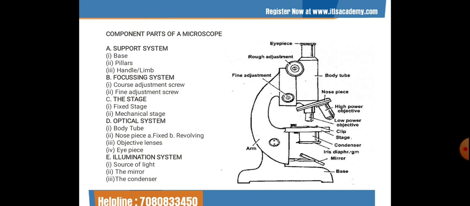High power objective and low power objective can be used to focus by using the coarse adjustment screw. Once we get a position in which the chances to view the organism are higher, we move the fine adjustment screw so that a clear image will be formed under the lens.